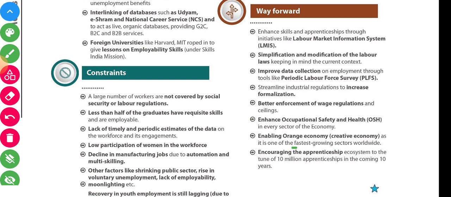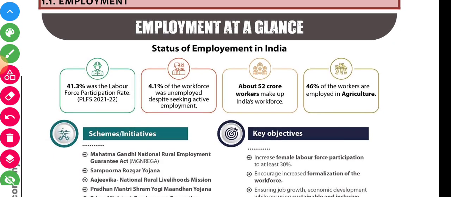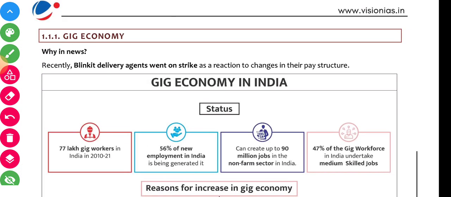It is one of the fastest growing sectors worldwide. And next is encouraging the apprenticeship ecosystem to the tune of 10 million apprenticeships in the coming 10 years. So these are the way forward for employment in India.